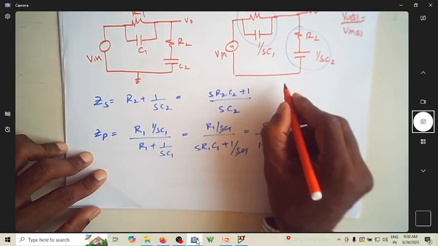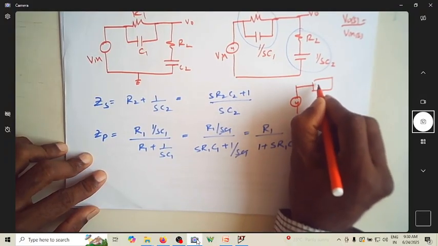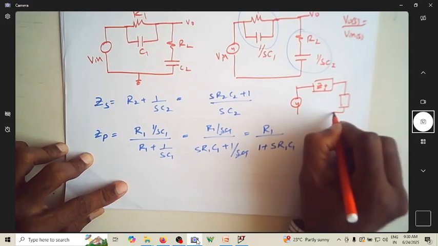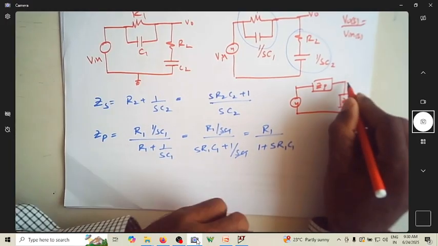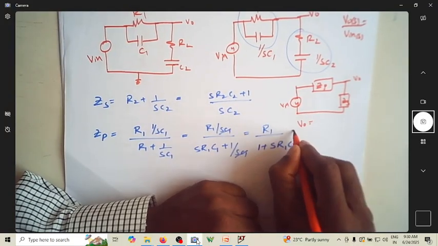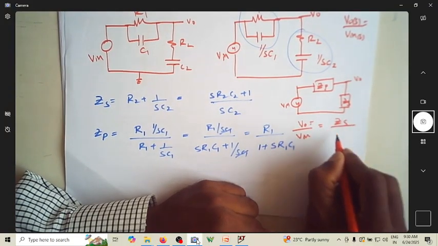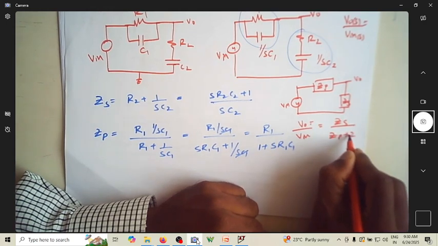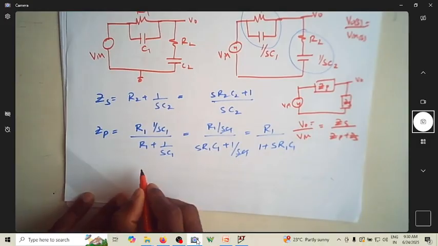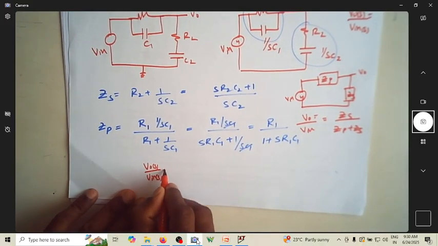So this can be rewritten as this is ZP and this is ZS. This is V naught. So V naught by V in is nothing but ZS by ZP plus ZS. So ZS is nothing but this impedance. So what is V naught of S by V in of S?